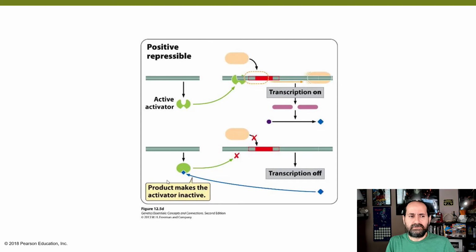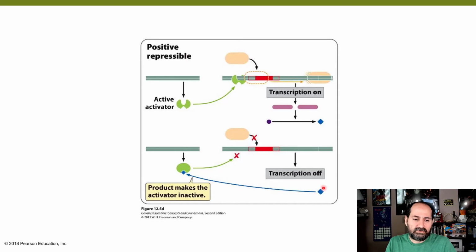This is the last of the gene expression regulatory mechanisms we're going to be talking about. This is an example of a positive repressible system. Positive meaning an activator is involved. Repressible meaning gene expression is normally on.